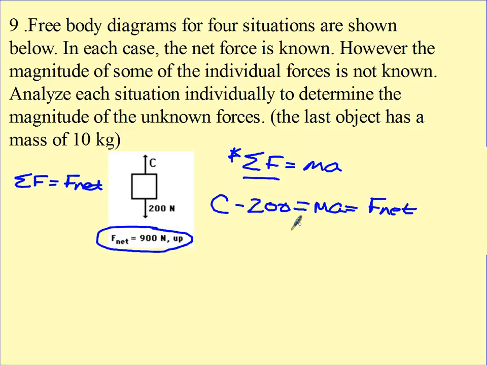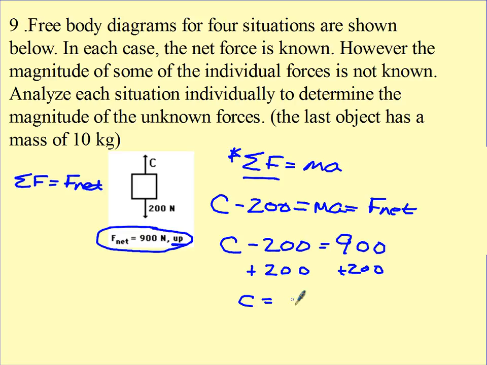So this equals my F net, which is 900 newtons. And since it is up, it is positive. To solve for C, I need to add 200 to both sides. And I get C is 1,100 newtons.